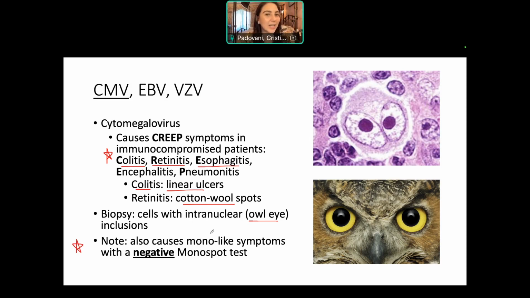It sounds exactly like mono in some instances, like the patient says, oh my God, I have really big lymph nodes, I have posterior cervical lymphadenopathy, I'm just tired. It really sounds like mono, but then you do a monospot and it's negative. So another buzzword for CMV is monospot negative mono, basically.